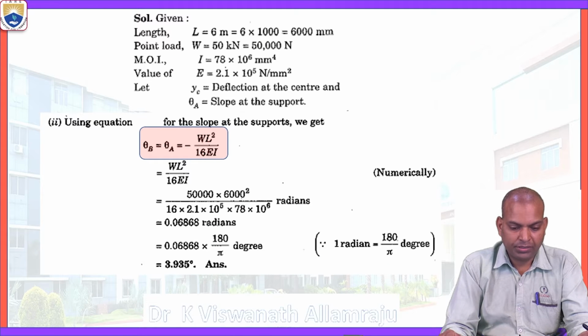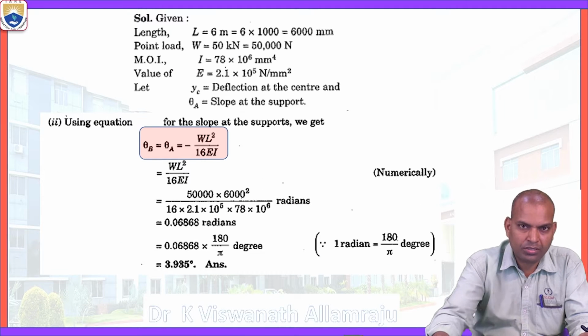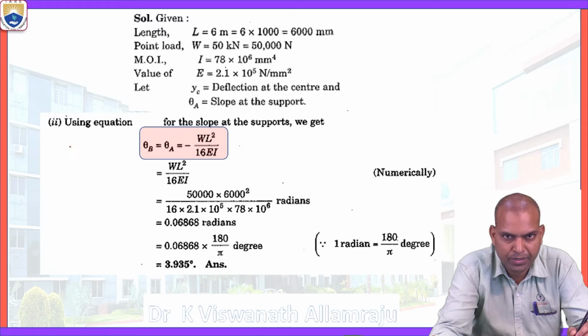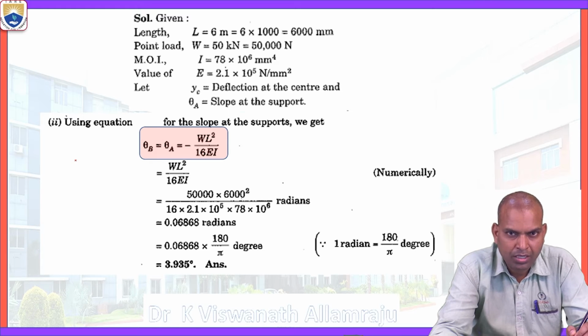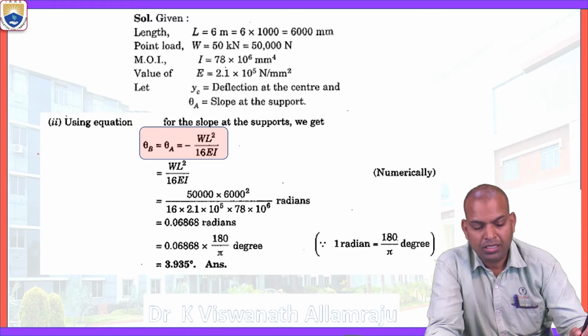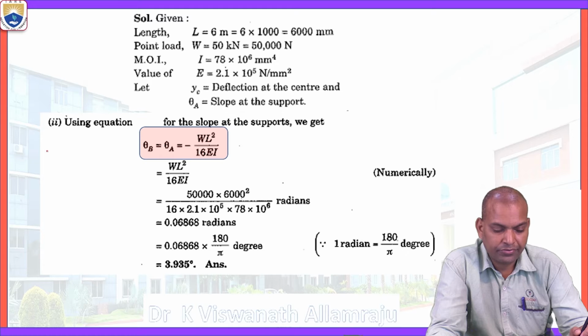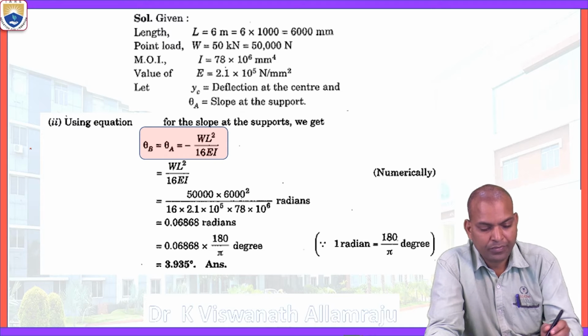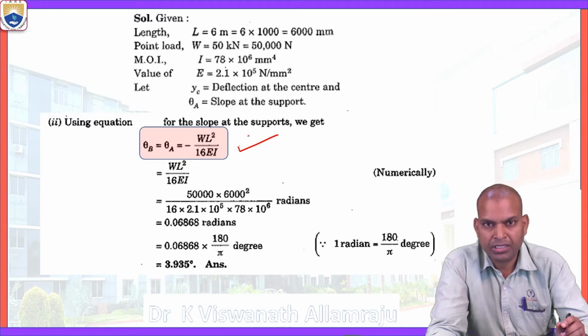And the slopes at the supports A and B are equal, that is theta A equals theta B. It is a downward slope, that is a negative slope, given by WL squared by 16 EI.